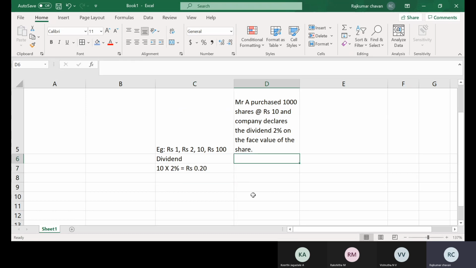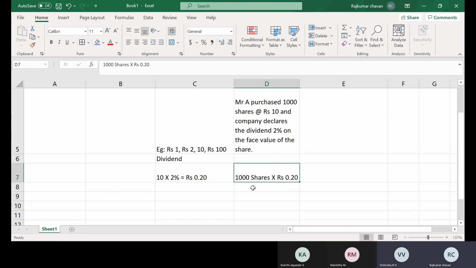How much dividend will he get? How many shares has he purchased? 1000. So 1000 shares into rupees 0.20. What is the amount of dividend? 200. So he will get 200 rupees dividend.